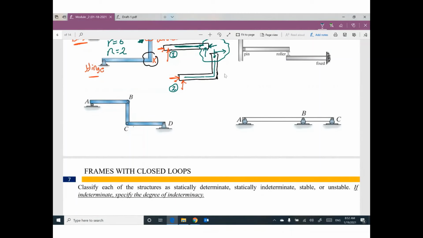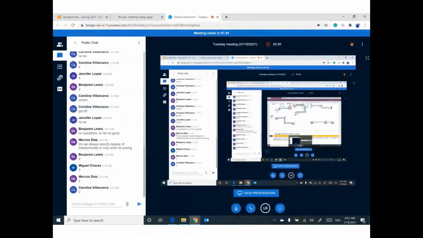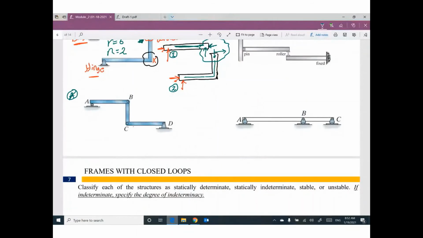Let's do this one. So guys, we have hinge support, we have roller support, and we have pin connections.